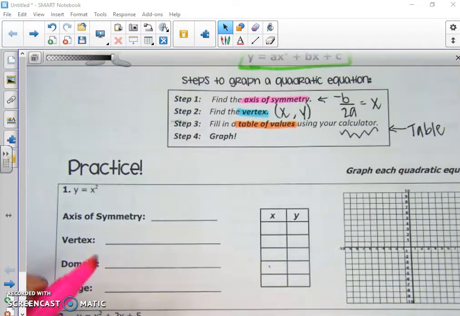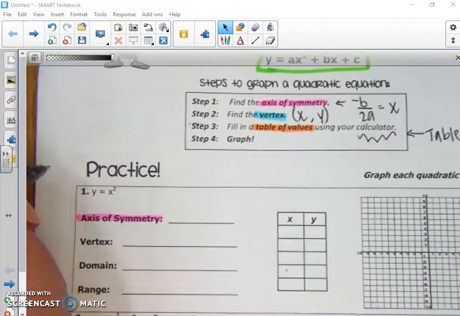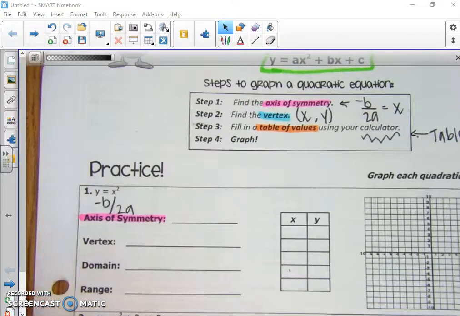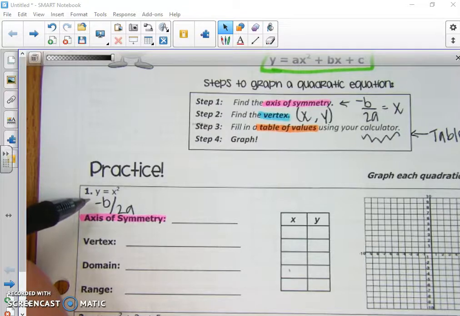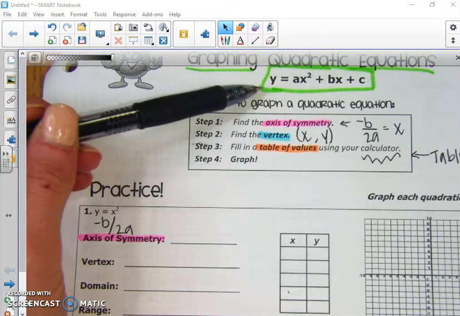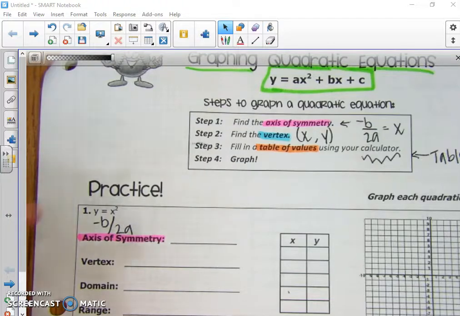The first one is axis of symmetry. Remember that's our formula, negative b over 2a. Now looking at this example, y equals x squared, this is kind of a weird formula. Looking at the standard form, we usually have all of these terms: y equals ax squared plus bx plus c.